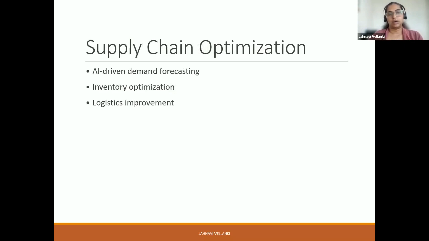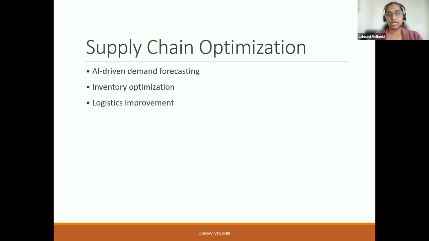Supply chain optimization. Predictive analytics powered by AI improve supply chain management through demand forecasting, inventory optimization, and logistics enhancements. Through the analysis of past data and market trends, AI algorithms can accurately forecast future demands, enabling businesses to realign production schedules and inventory.